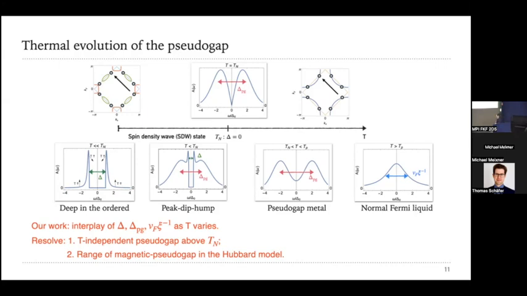First is how to understand the temperature independent pseudogap above the Néel temperature while we start from a Fermi liquid theory. And the second puzzle we want to address is to pin down the range of the magnetic pseudogap in the Hubbard model.